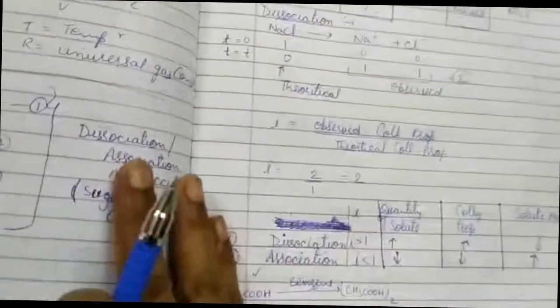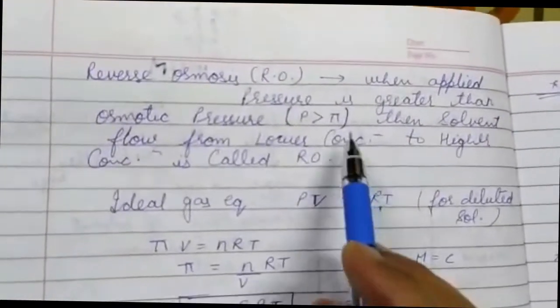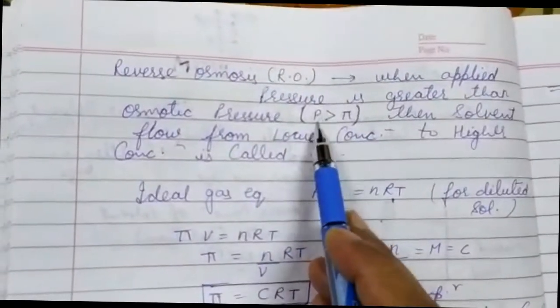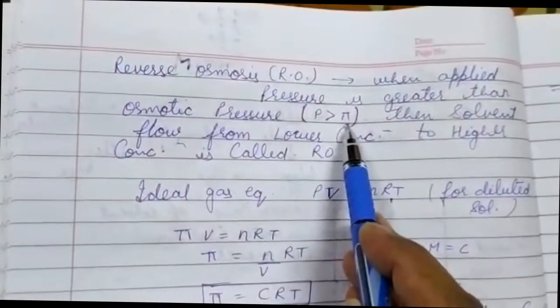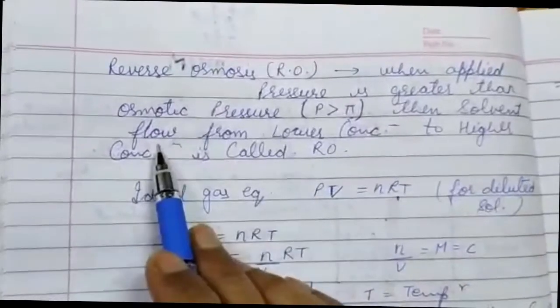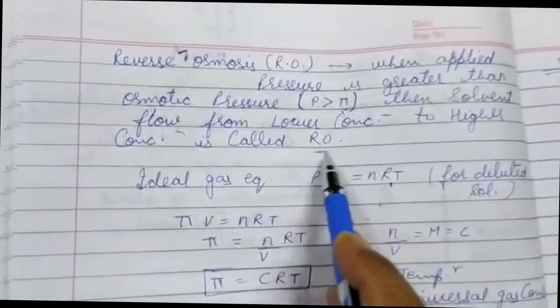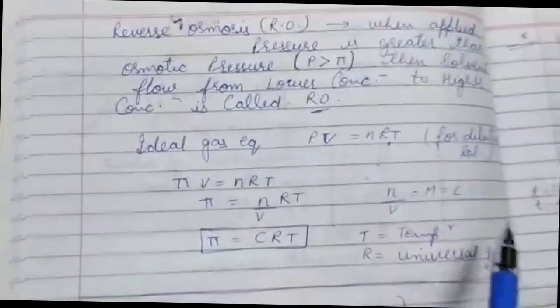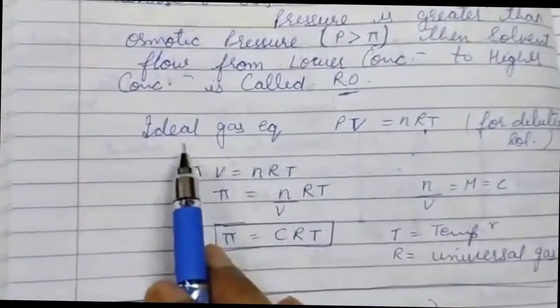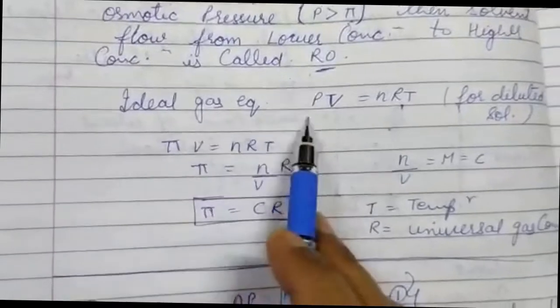That's why we call it reverse osmosis, and for that we have to apply pressure more than the osmotic pressure. This is known as RO, reverse osmosis.